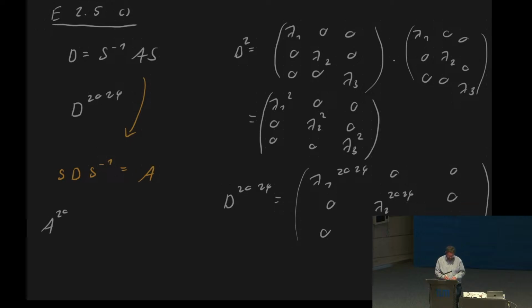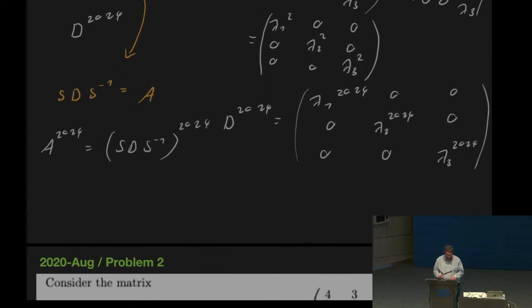So A to the 2024 is SDS to the minus 1, to the 2024. Which is the same thing as SDS to the minus 1 times SDS to the minus 1 and so on, 2024 times.